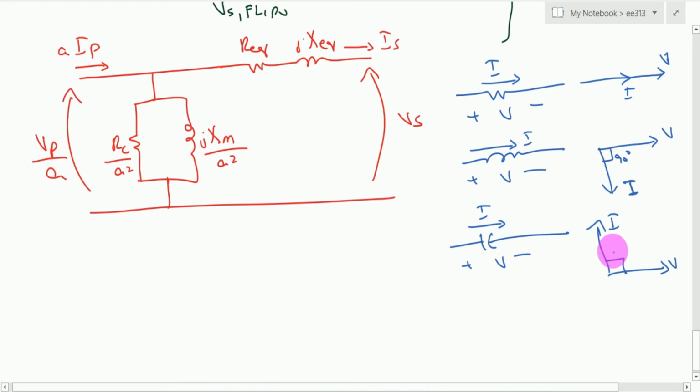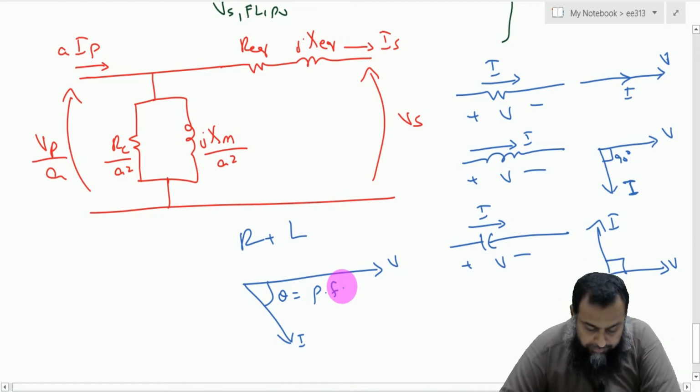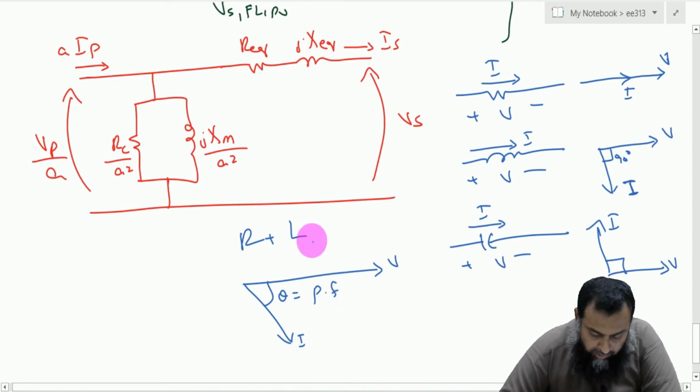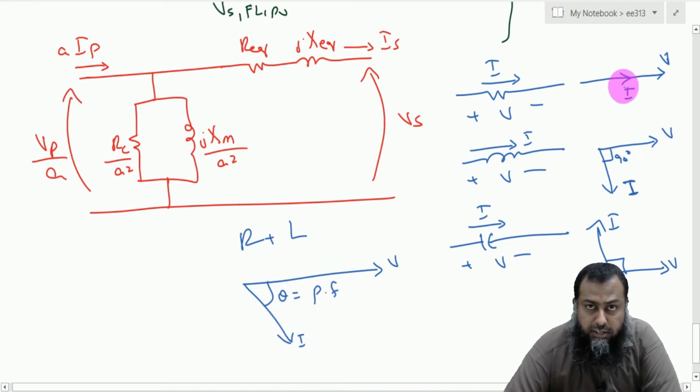Knowing that we can have inductance, capacitance or resistance in a given load, for an R plus L load we may have a voltage here and the current somewhere here, where this theta defines the power factor of that particular load. The larger the amount of resistance in a given load, the more we move towards unity power factor, where the current is essentially in the same direction as the voltage.